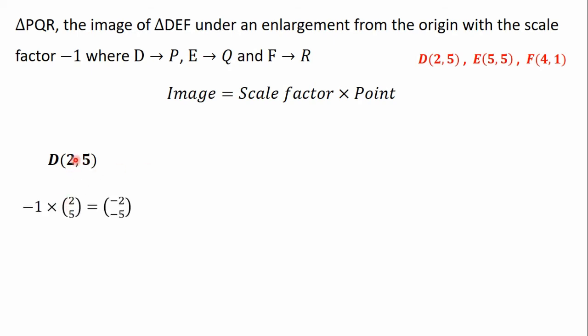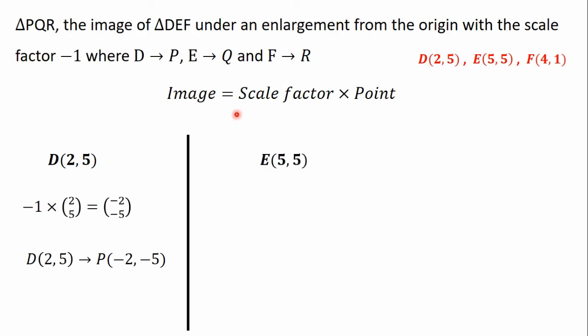So when this point D is enlarged from the origin with a scale factor of -1, to get the image, we will multiply 2, 5 by the scale factor, which is -1. So we have -1 times 2, 5. -1 times 2 is -2. -1 times 5 is -5. So point D with coordinates 2, 5 will give us the image P with coordinates -2, -5.